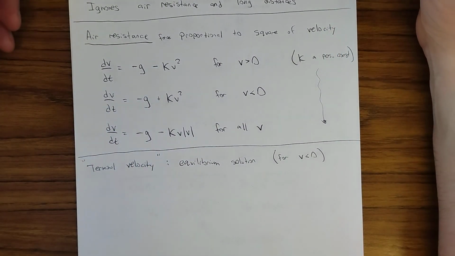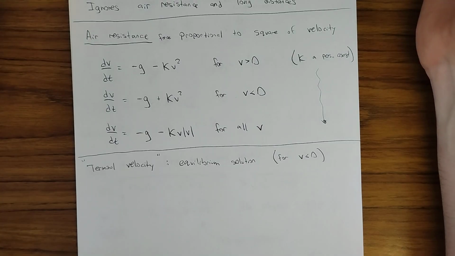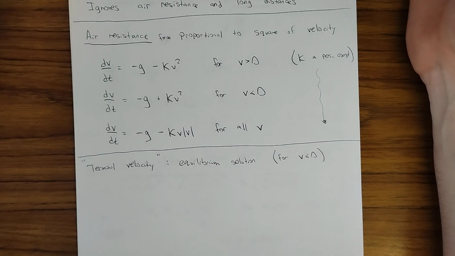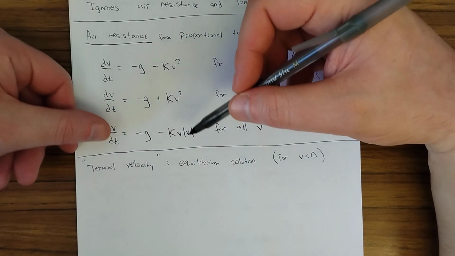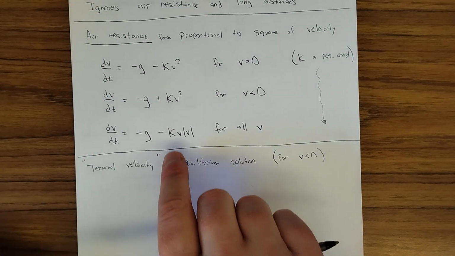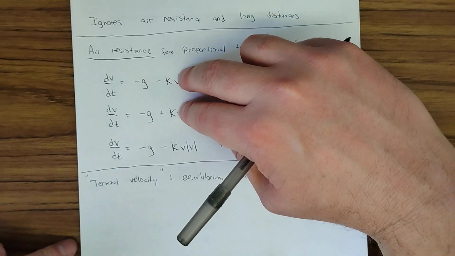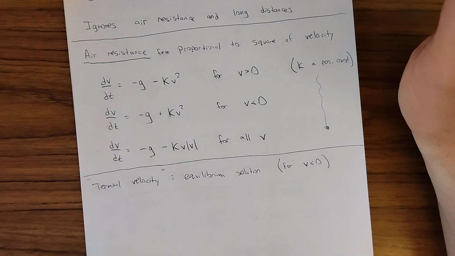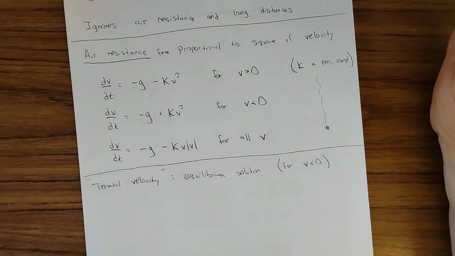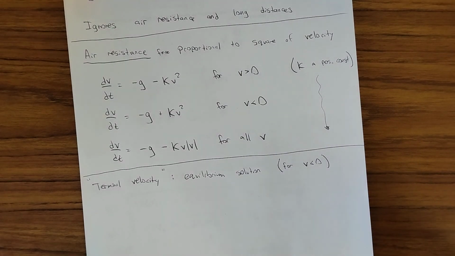Anyway, this is separable. I'm not going to solve it right now, but however you want to write it, of course, it's awkward with the absolute value. I would prefer to either strictly do the v positive case or the v negative case, just because I don't want to deal with a formula that has absolute values on it, but it is separable either way. So it can be solved.